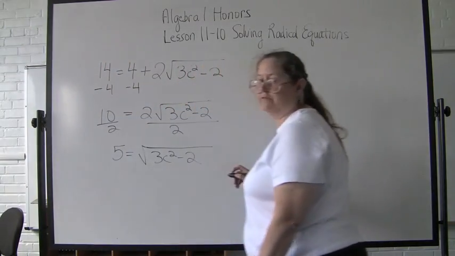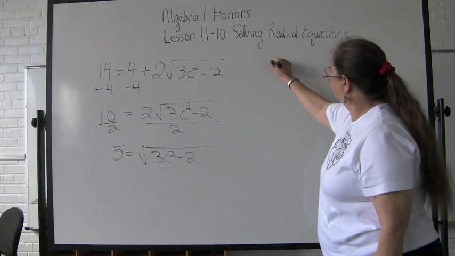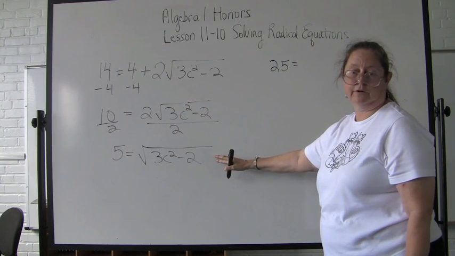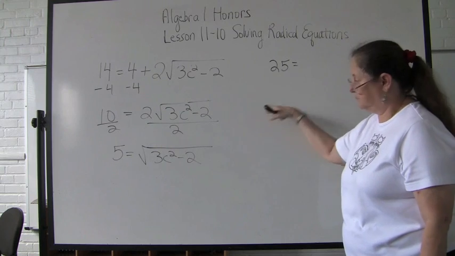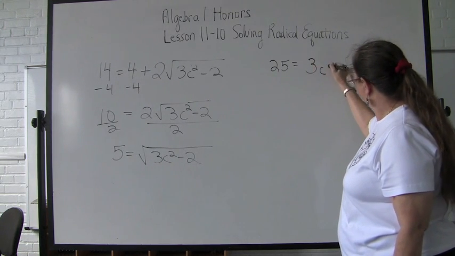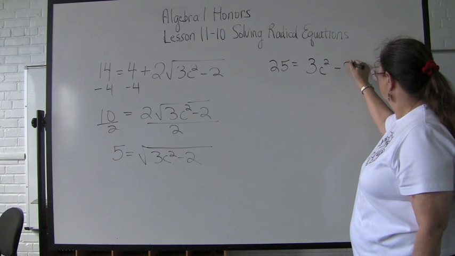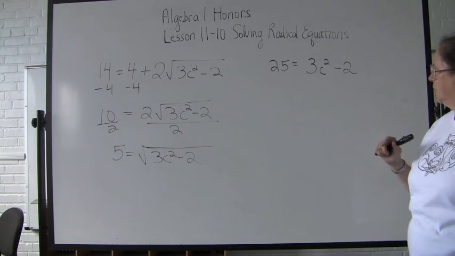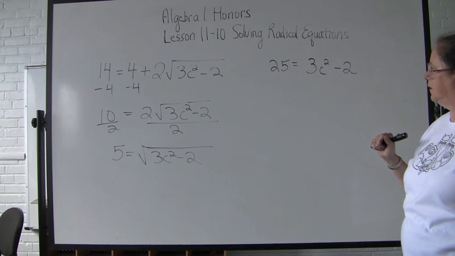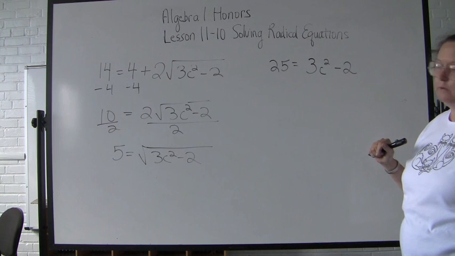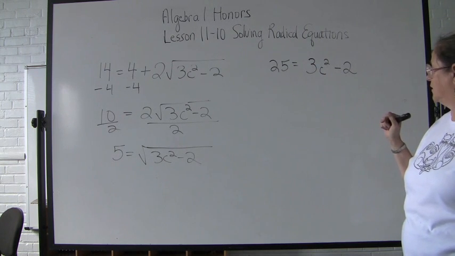Square 5, 5 times 5, we get 25. And squaring the radical simply makes the square root go away, and we get 3c squared minus 2. Now, we have a number of choices here actually.